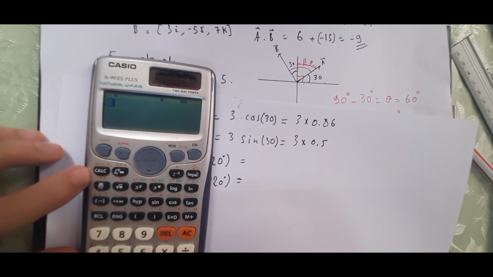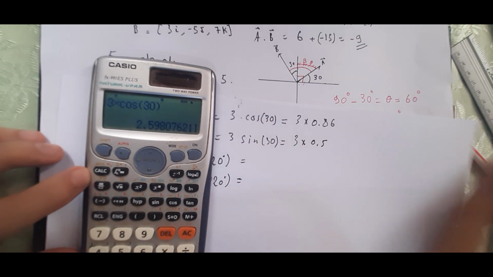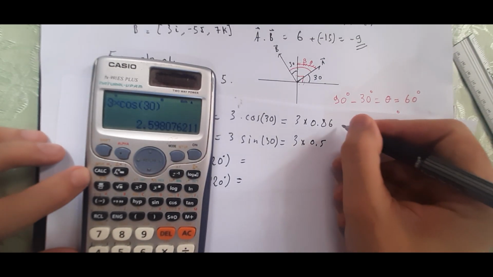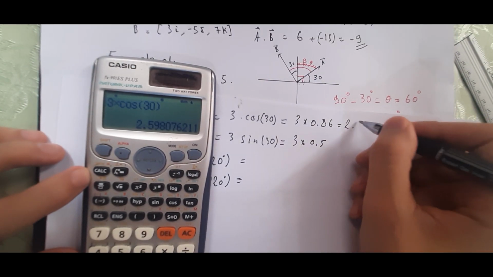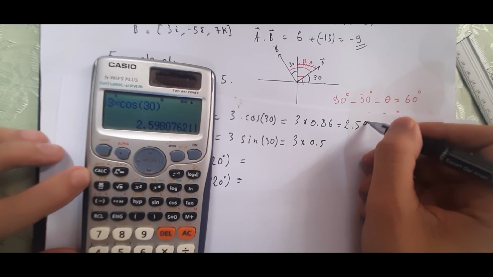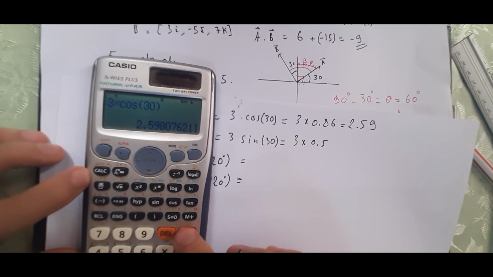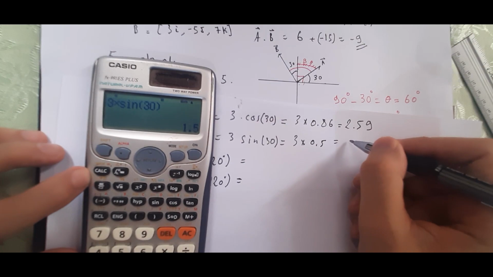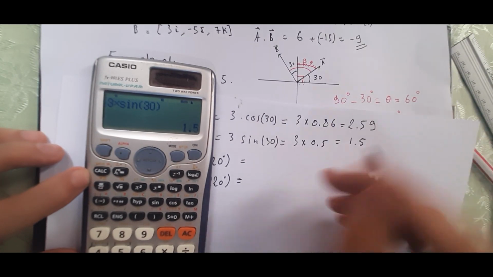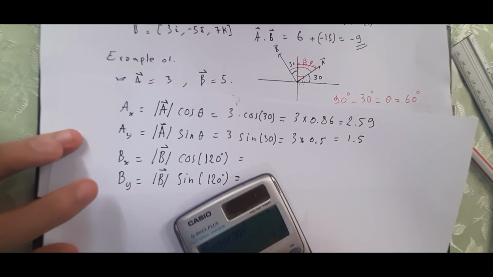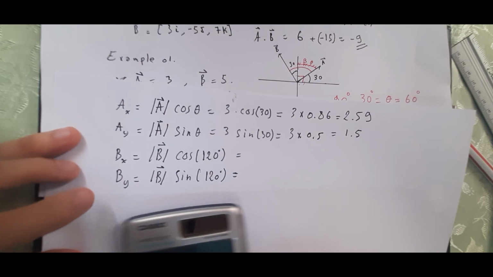We have 3 times cosine of 30 degrees, and we get 2.59. And the same, we have 3 times sine of 30, we get 1.5.